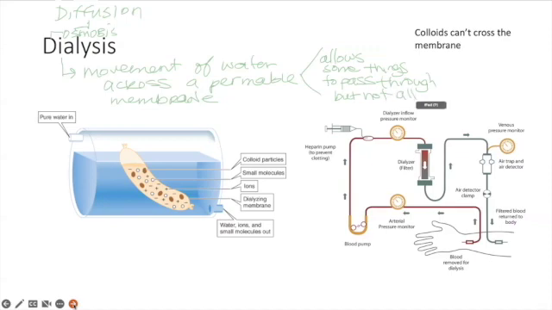So right now, we see this little sack of ions and fluids, and it says it has colloid particles and small molecules, ions. And so right now, this is all at a high concentration inside this membrane. When we put this into a water solution, I'm going to use red just to make it more visible.